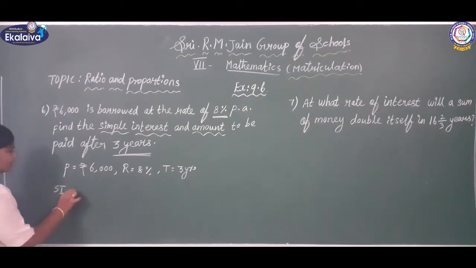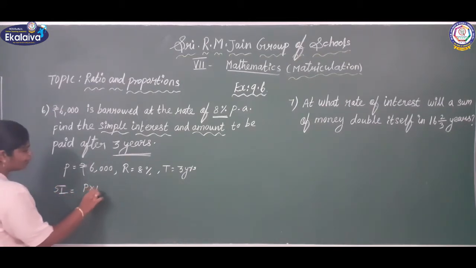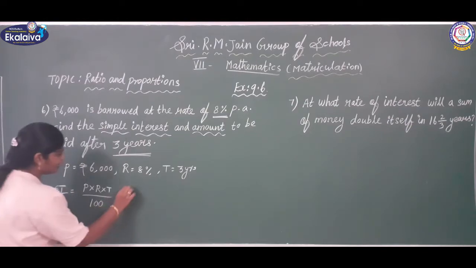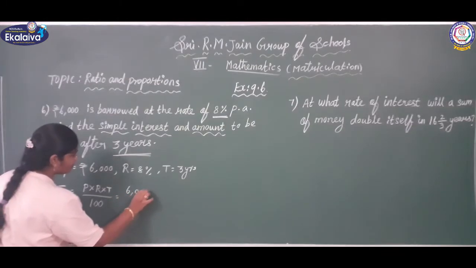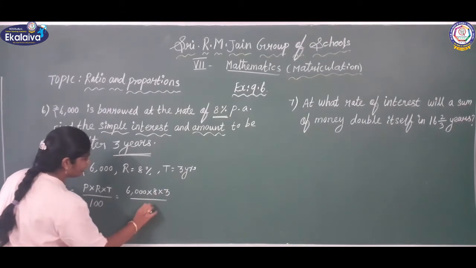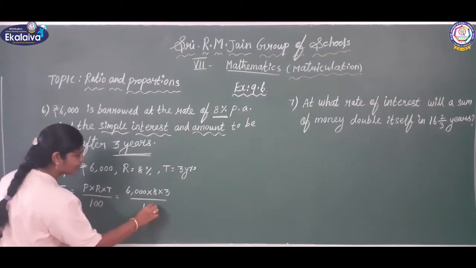Simple interest equal to principal into rate of interest into time divided by 100. So principal here 6,000 into 8 into 3 divided by 100. Okay, cancel this 0, 1 0, 1 0, another 0.